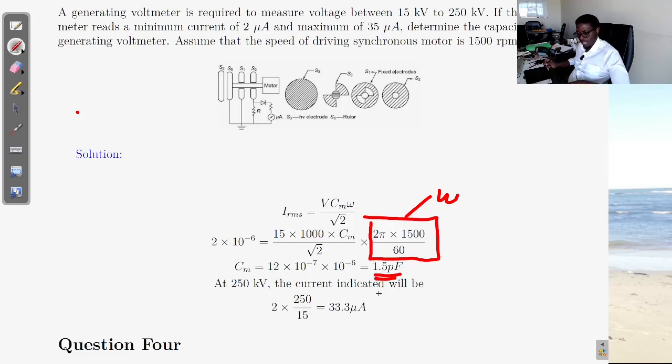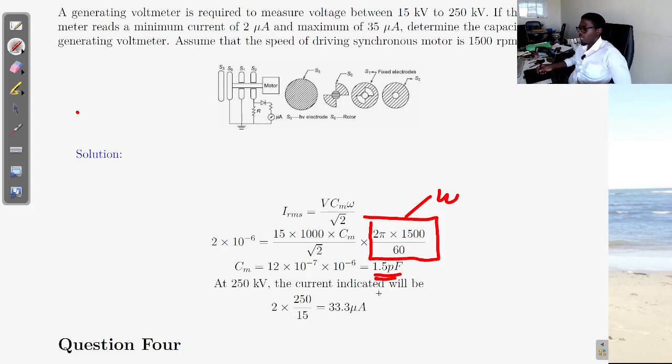Now, in some cases, you may be asked to also determine the capacitance of the generating voltmeter. But you may be asked to find now the actual current, the actual current now that you've determined the capacitance. So in that case, you have to determine the actual current at the value.